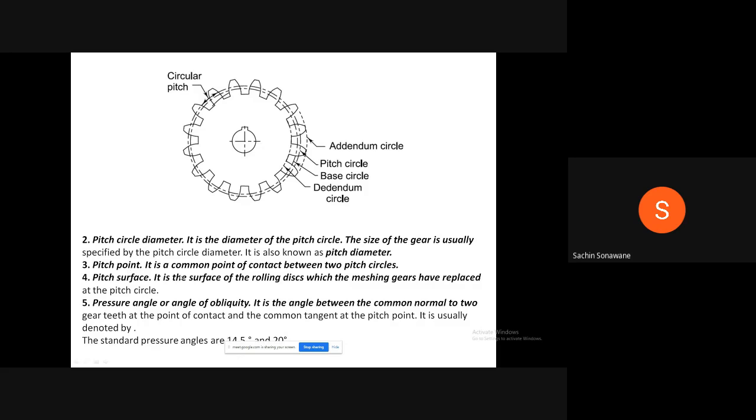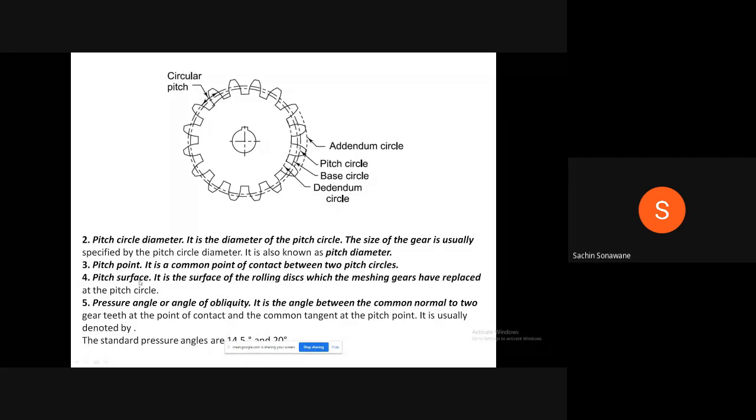It is a common point of contact between two pitch circles. That means when two gears are in contact with each other or they are in mesh with each other, then that point of contact is known as pitch point. Next is pitch surface.